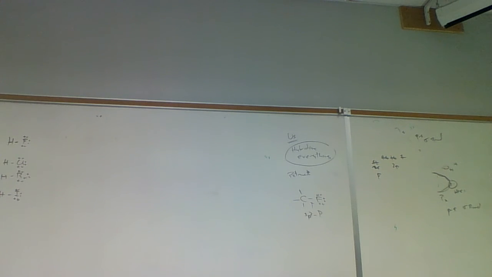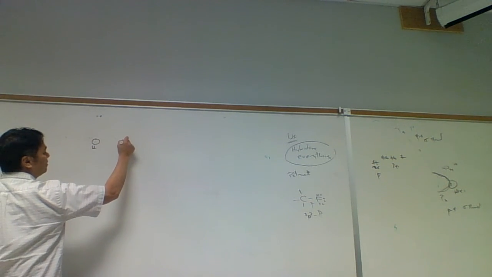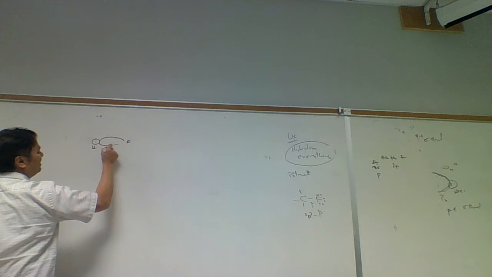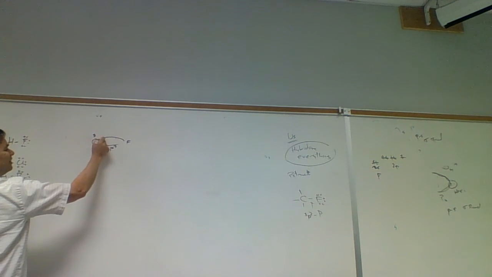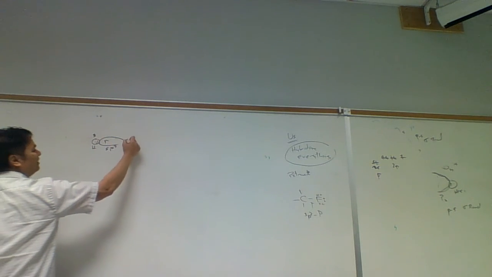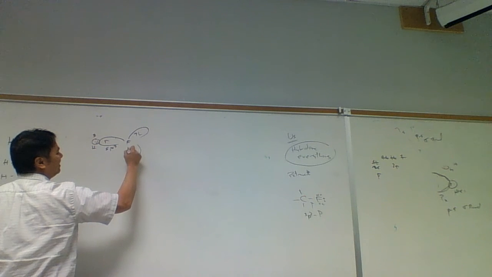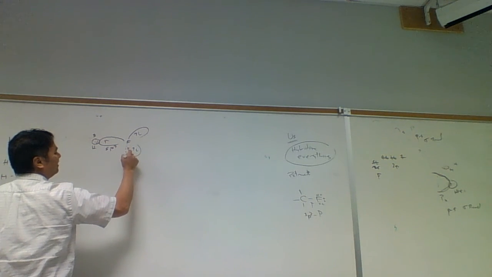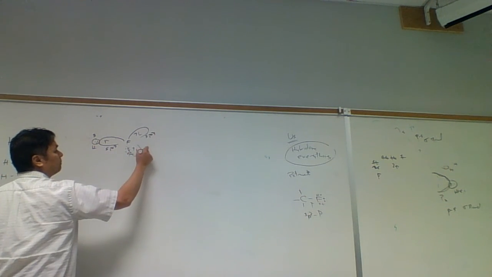When we analyze this, all the hydrogens are going to look the same. If I look at fluorine, I'm going to have an sp3 sigma bond, and I've got my other sp3 lone pairs here.